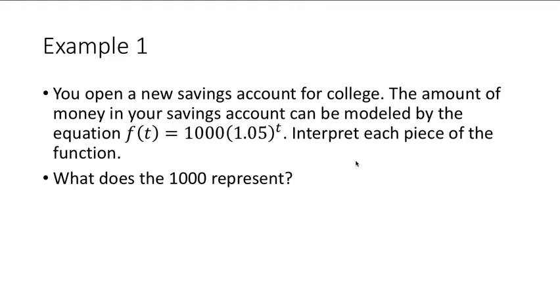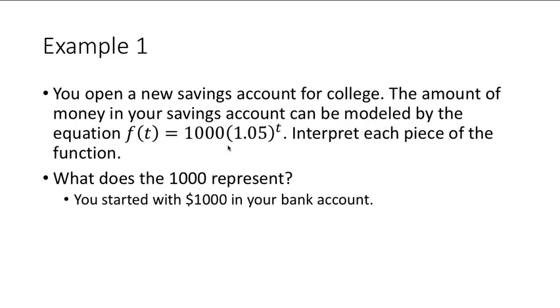What does the 1,000 represent? It's taking the place of the a from the general format of the exponential function, and I know that a is the starting value. So the 1,000 represents that we started with $1,000 in our bank account.